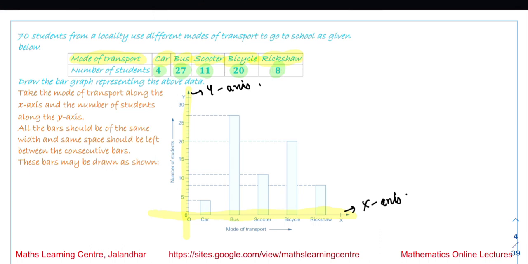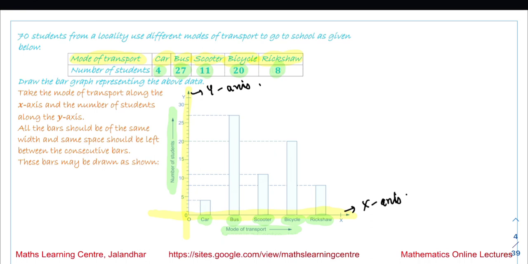On the x-axis we have marked at equal distance car, bus, scooter, bicycle and rickshaw. These are the modes of transport, represented on the x-axis. And on the y-axis we have the number of students.